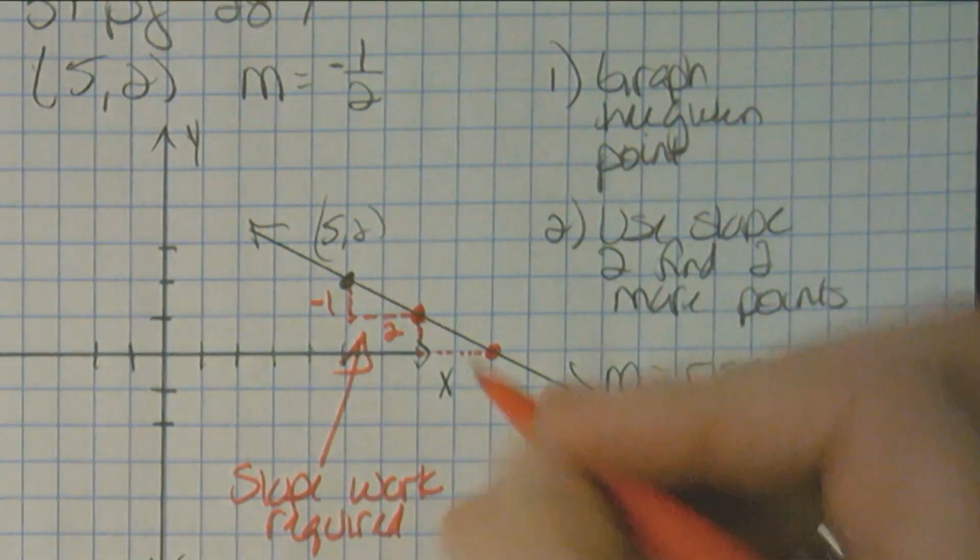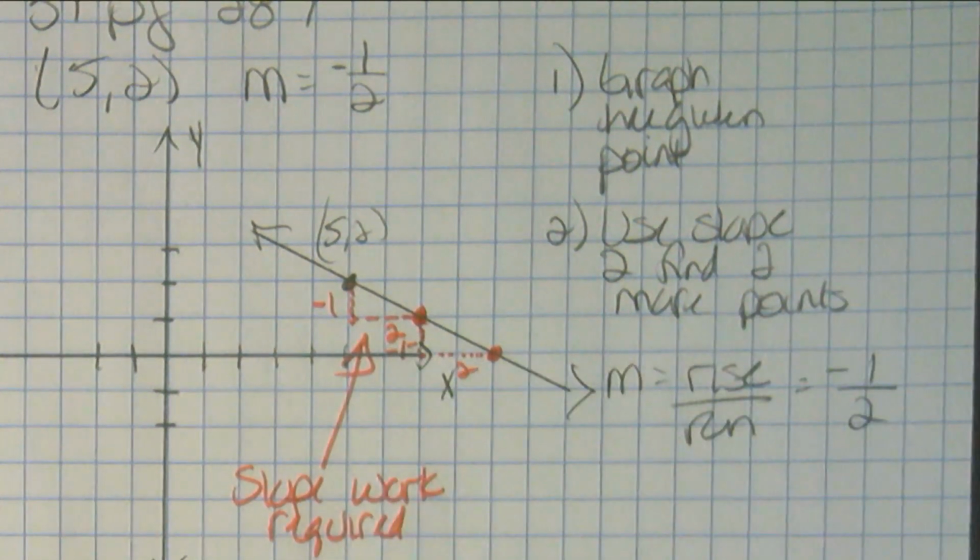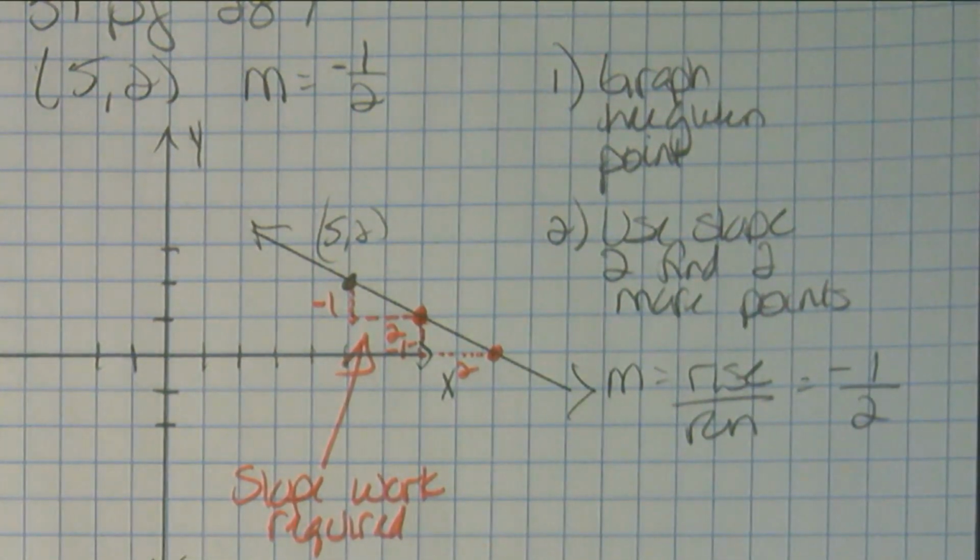I did exactly the same thing another time: down 1, to the right 2. Because I want 3 points total. I want your given point and 2 more that you found with your slope. Okay? You guys cool with that?